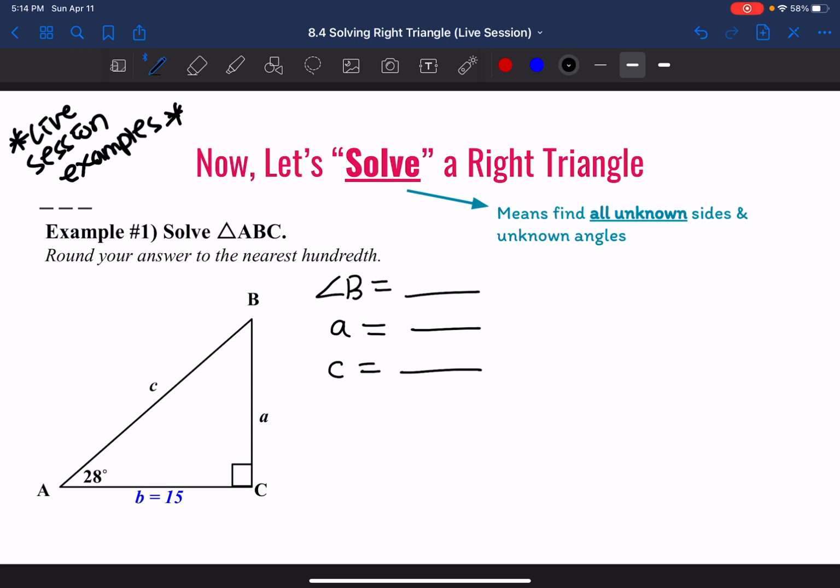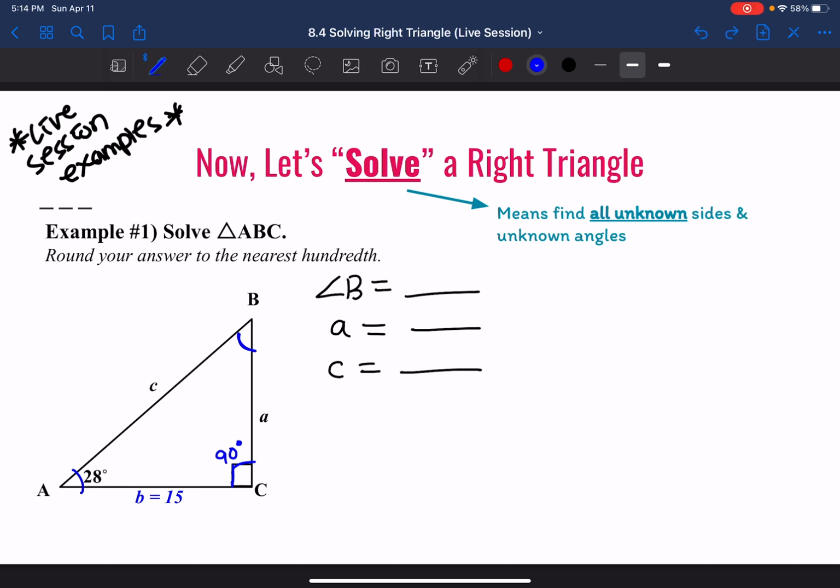It's up to you which one to find first, but I am going to find angle B first because I already know this is 90 degrees, this is 28 degrees, and the sum of the angles of a triangle has to be 180 degrees, right? So you can add 28 and 90 and then subtract from 180.